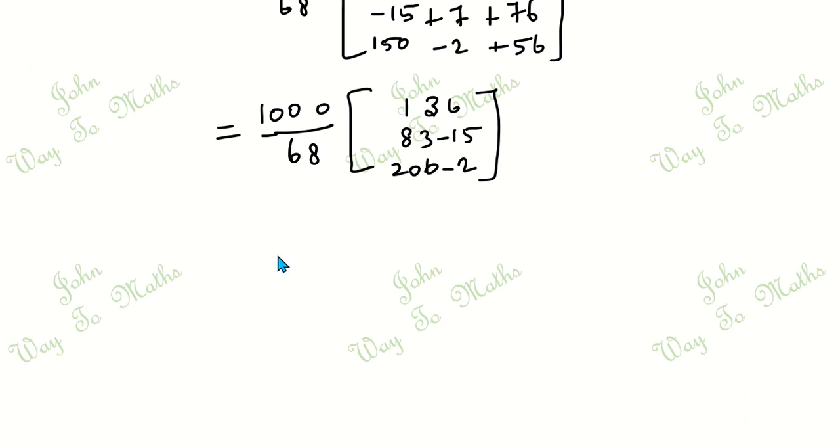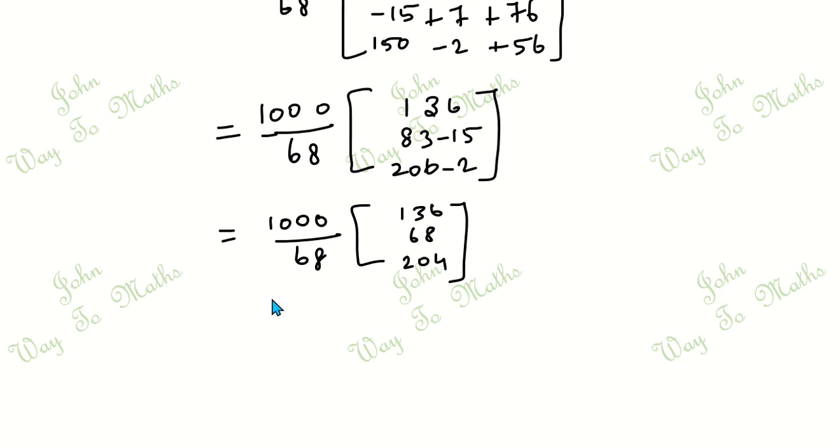Which is equal to 1000 by 68. Here 136. Next one 83 minus 15 becomes 68. Then 206 minus 2 becomes 204. So next I'm going to divide by 68 inside the matrix.